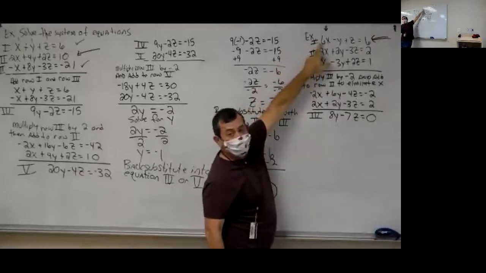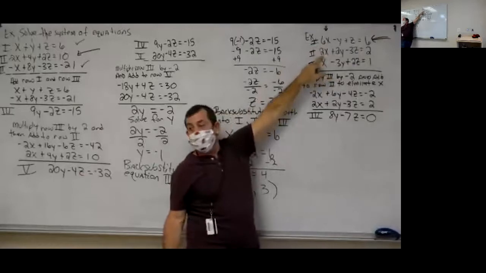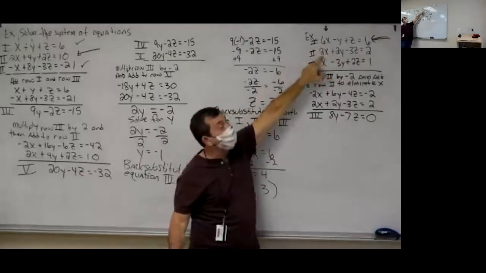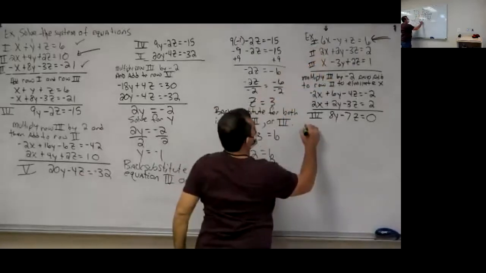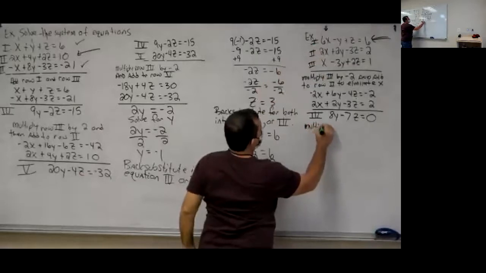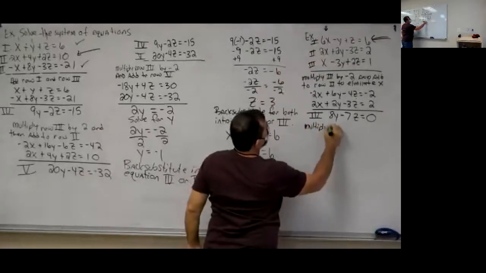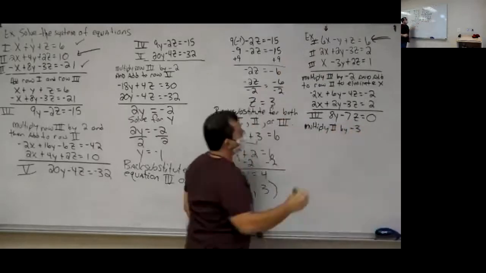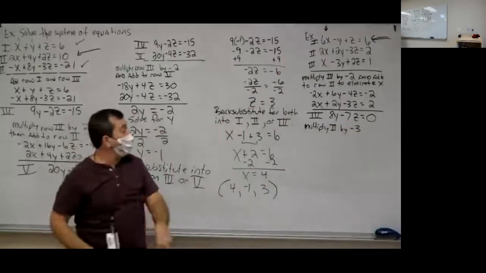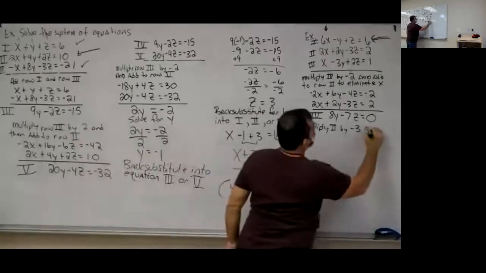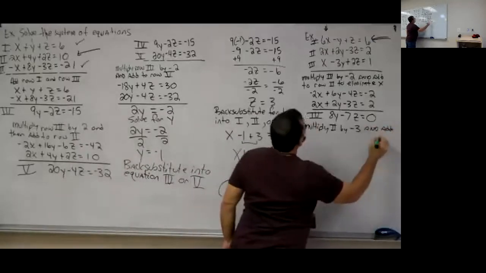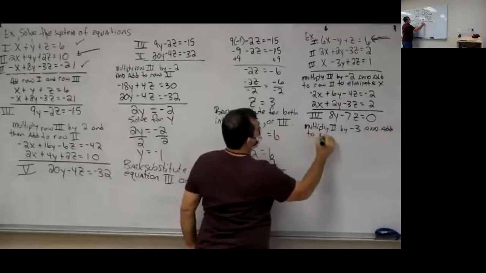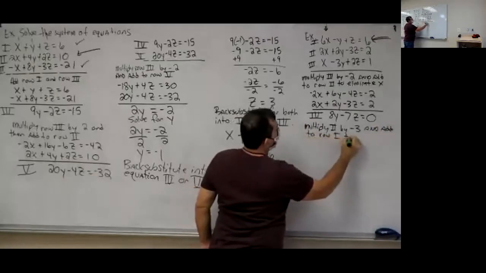If it's a positive 6, I need to turn that 2 into a negative 6. So I'm going to multiply row 2 by negative 3 and add to row 1 to get rid of x.